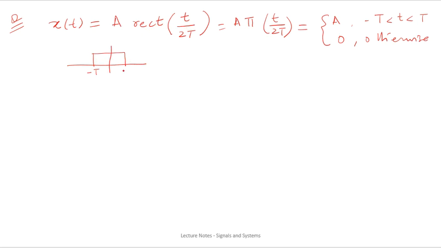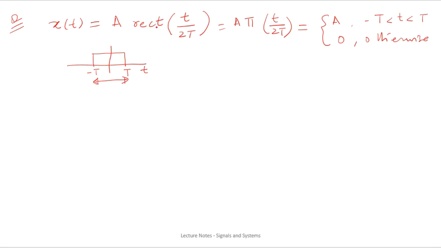It has its limit from minus T to T. The denominator of this function represents the width of the signal. Whatever is written in the denominator will be the width of the signal. Obviously this is an even signal.